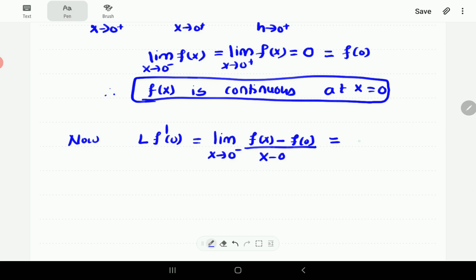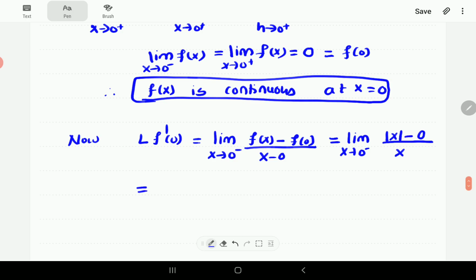Now this is equal to the limit as x tends to 0 minus, where f of x is mod x and f of 0 is 0. So the denominator will be simply x, because x minus 0 is x.